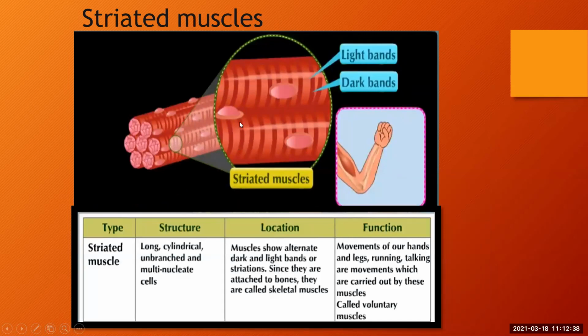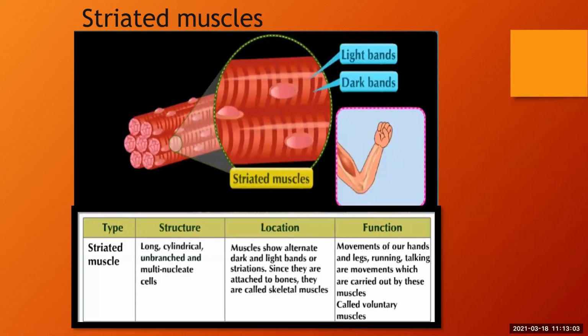You can see here there are light and dark bands present on it. Since they are attached to bones, they are called skeletal muscles. The function of striated muscles is movements of our hands and legs, running, talking, which are carried out by these muscles, and they are called voluntary muscles.